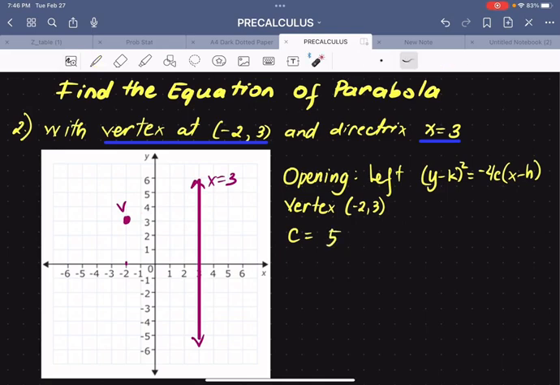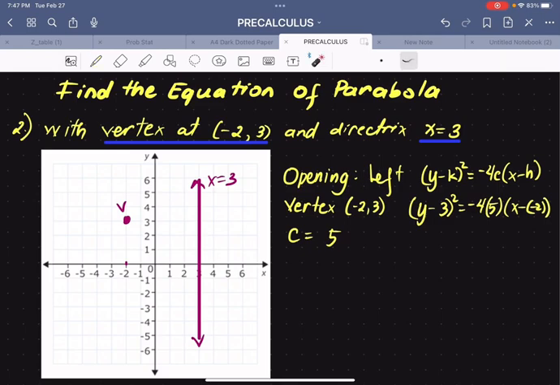So then, after determining the vertex and the focal length, we can now substitute in the formula y minus 3 squared is equal to negative 4 times c is 5 times x minus negative 2.